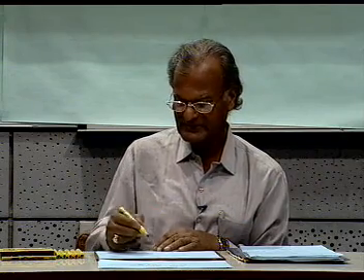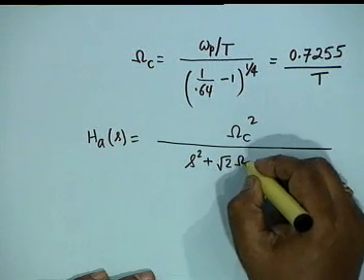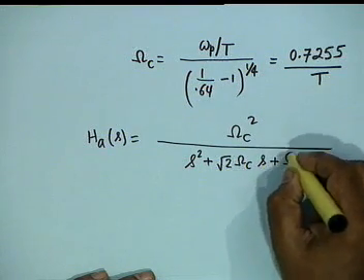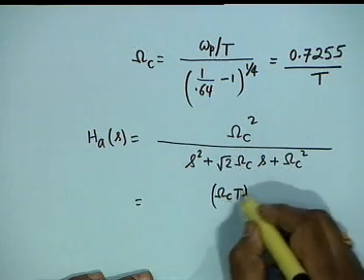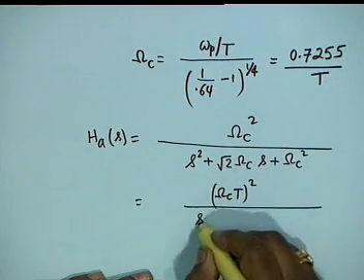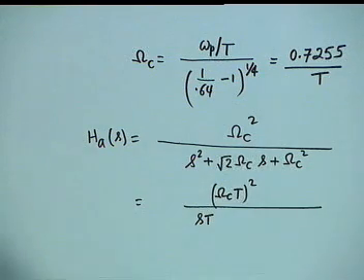Then I can immediately write HA of s as equal to omega c squared, since this is second order, s squared plus second order b1 should be equal to root 2, yes, twice sine pi by 4, that is root 2 omega c s plus omega c squared, which I write as omega c t whole squared divided by.